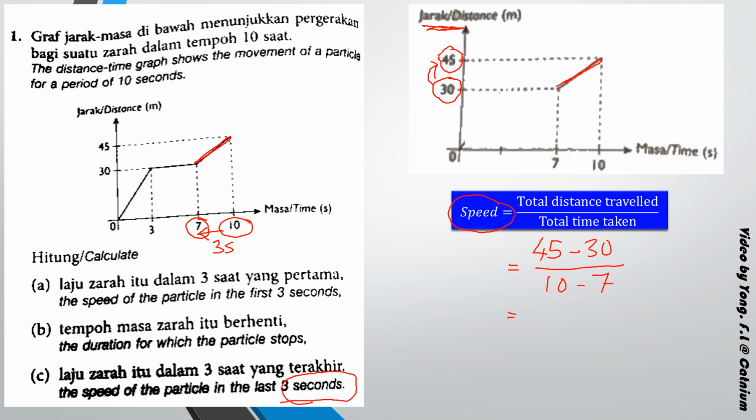So 45 minus 30 is 15, divided by 3. The answer is 5. So this is for question number 1C.